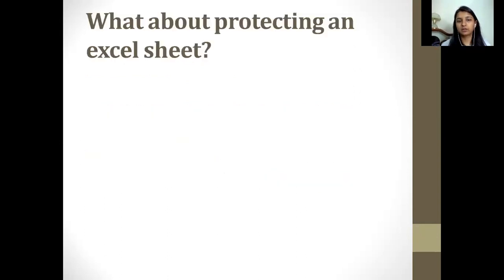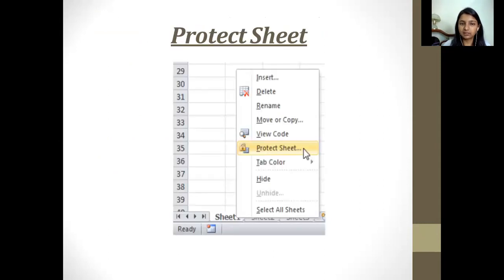Okay. So now, what about protecting an Excel sheet? Now we have understood about the workbook. What about the sheet now? How can we protect an Excel sheet? Let us see that.